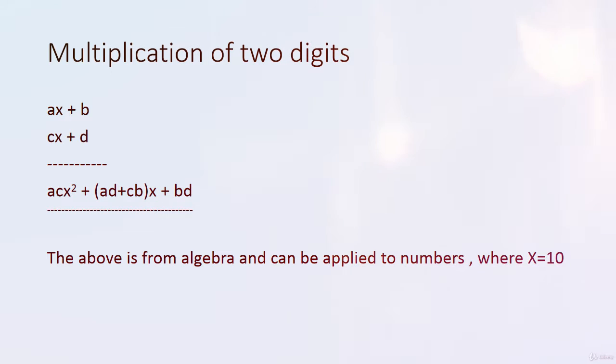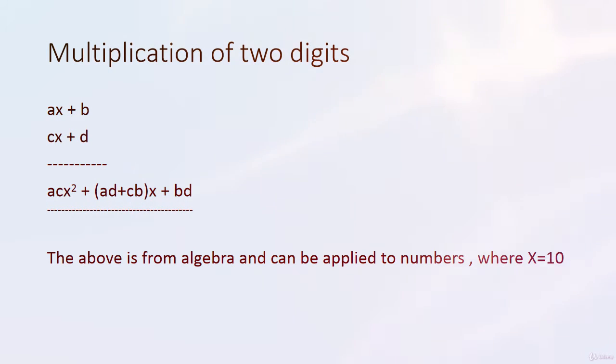When we multiply these two numbers, that is a number comprising a, b digits and a number comprising c, d digits, what will be the result? As per algebra, when we multiply such algebraic forms, ax gets multiplied by cx and ax also gets multiplied by d.